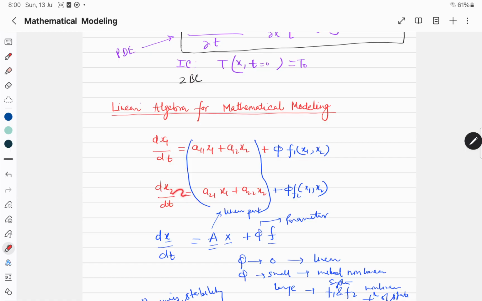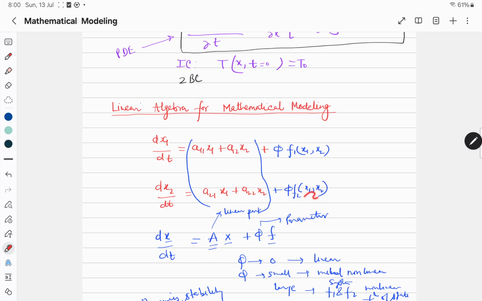The next equation is dx2/dt equal to a21 x1 plus a22 x2 plus phi f2(x1, x2). So this is the linear part, and this is the non-linear part.